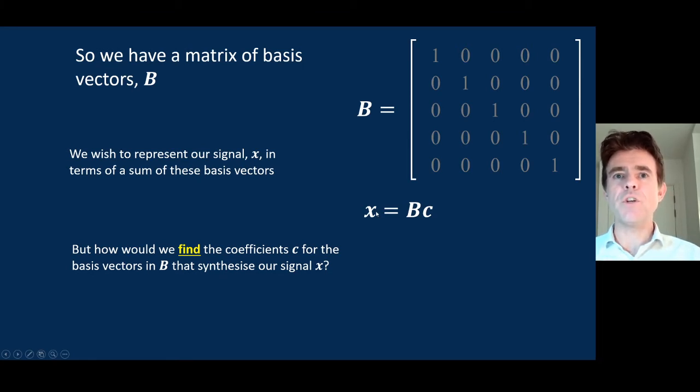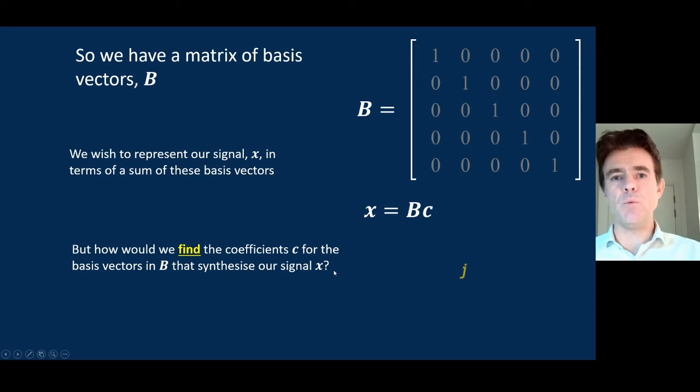But now what if we had x and we want to find what are the coefficients for that set of basis vectors that will create our chosen x. So that's what I've written here. How would we find the coefficient c for a given set of basis vectors stored in a matrix B that when we weight them all together would recreate or synthesize our original signal x?